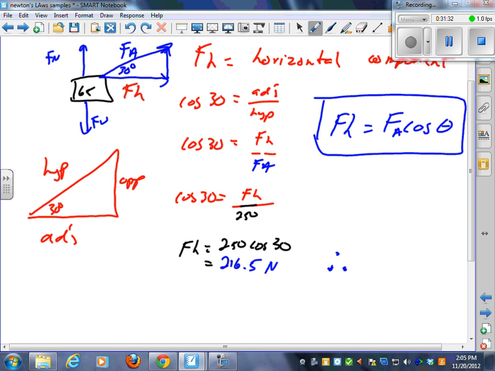Okay, so therefore, my net force is equal to 216.5. Is that also new? Do we need to do the 3 dots? Yeah. If we didn't, we'd lose marks.